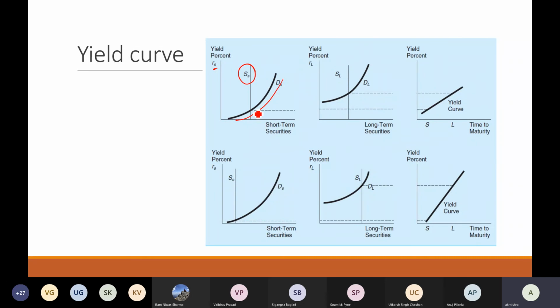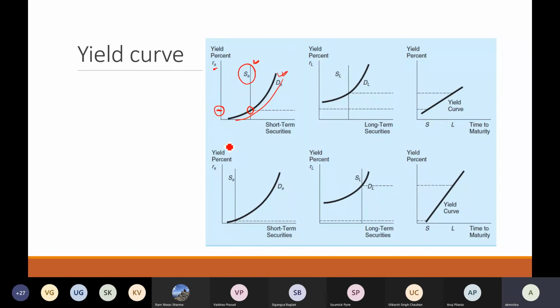Using the demand and supply schedule, the intersection point is going to be the yield on your instrument. This becomes your yield, how much return your instrument will give based on demand for the 5-year, short-term maturity instrument versus the supply.